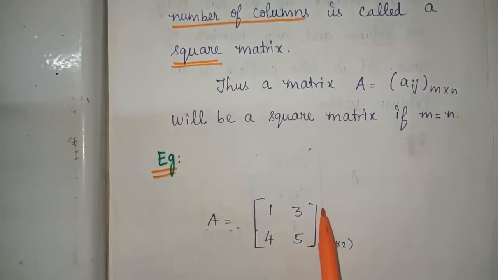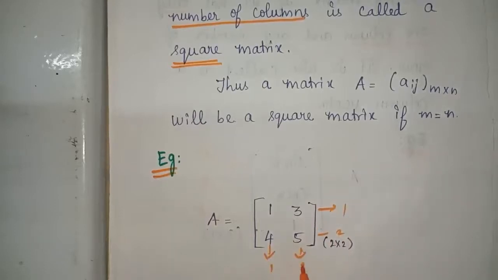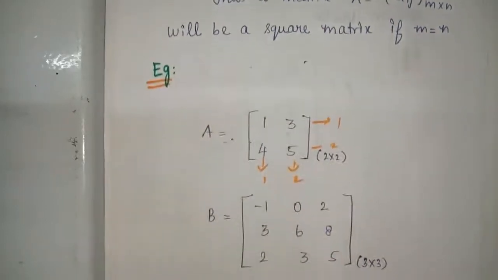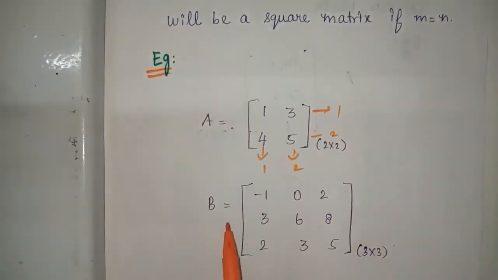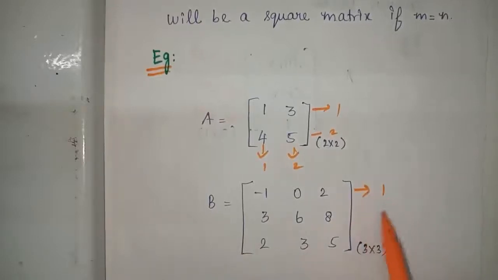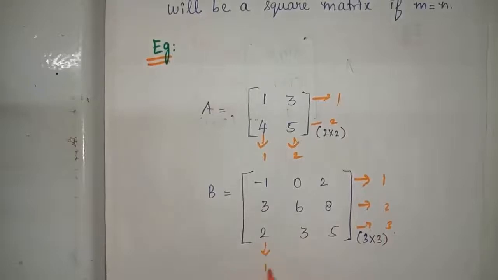So it has 1, 2 rows and 2 columns. So the order of matrix is 2 cross 2. Similarly, B is equal to minus 1, 0, 2, 3, 6, 8, 2, 3, 5. This is one matrix. It has 1, 2, 3 rows and 1, 2, 3 columns.